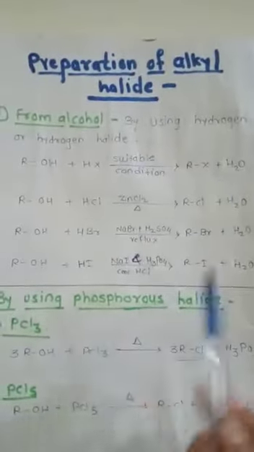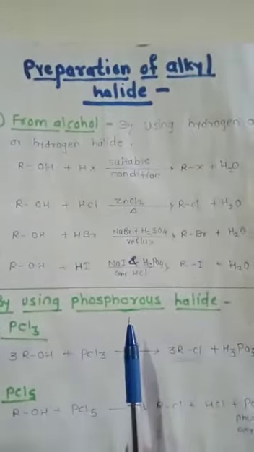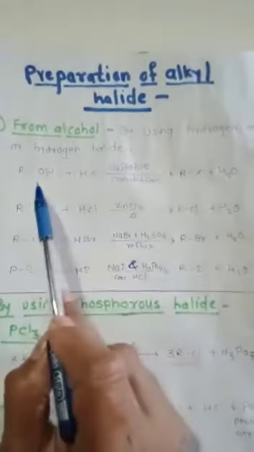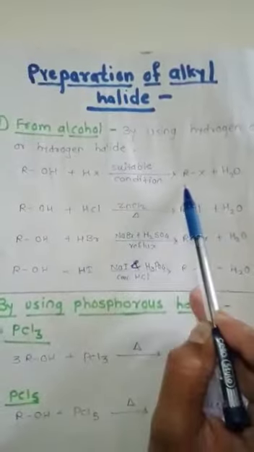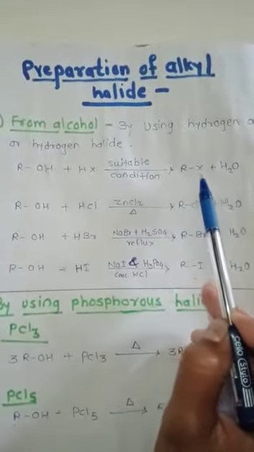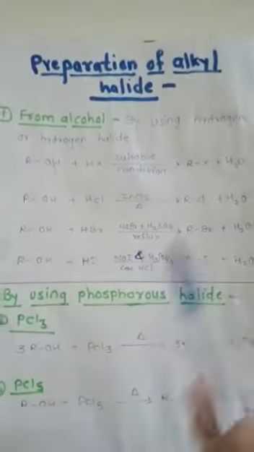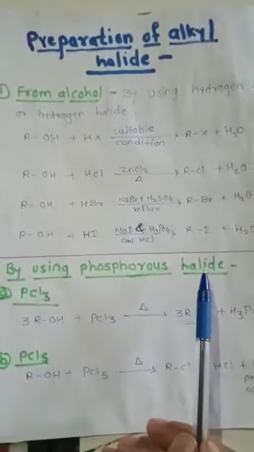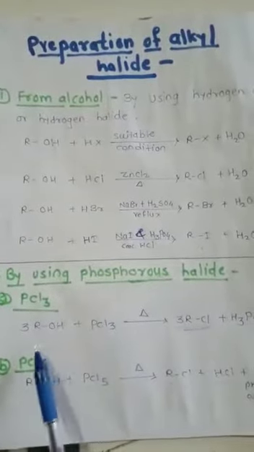This is the first method for the preparation of alkyl halide from alcohol ROH, and we get RX, meaning alkyl chloride, alkyl bromide, alkyl iodide. The next method is from phosphorus halide and alcohol.